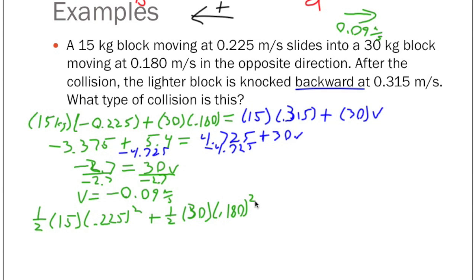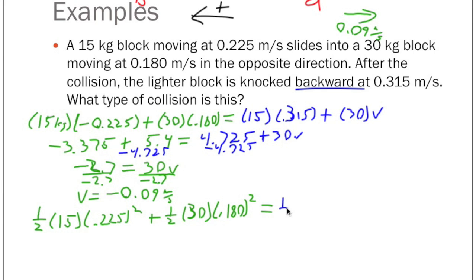Note that I didn't have to put directions on those two because we're going to square them. It doesn't matter that the 0.225 is negative, because squaring negative 0.225 is the same as squaring positive 0.225.